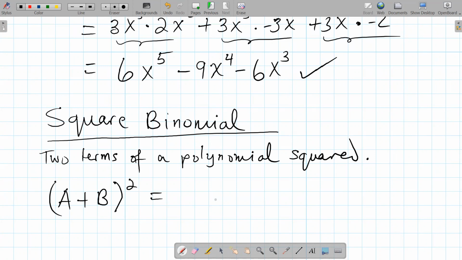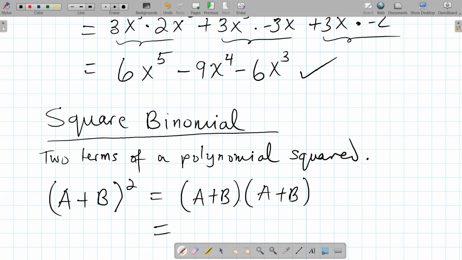And this is the same as I write a plus b and then a plus b. Remember, under exponents, the power tells us how many times the base has to multiply itself. The power is 2, the base is a plus b. The 2 tells me that I should multiply the base twice.